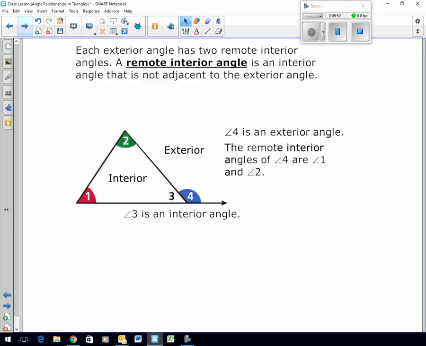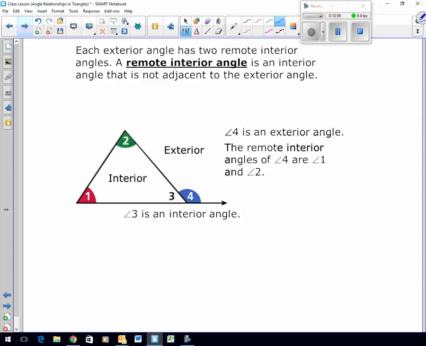A remote interior angle is an interior angle that is not adjacent to the exterior angle. What does adjacent mean? Next to. Okay? So the remote interior angles are far away from the exterior angles.